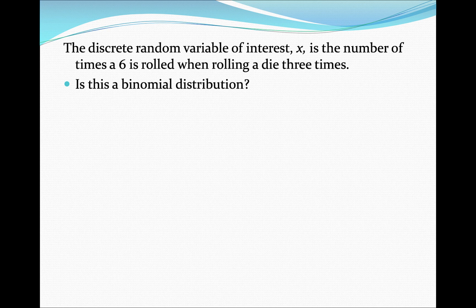These specific types of discrete probability distributions have certain characteristics, and once you know those characteristics, you can use shortcut formulas to find things like probability, mean, and standard deviation.